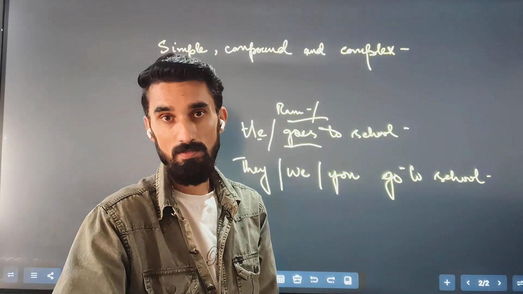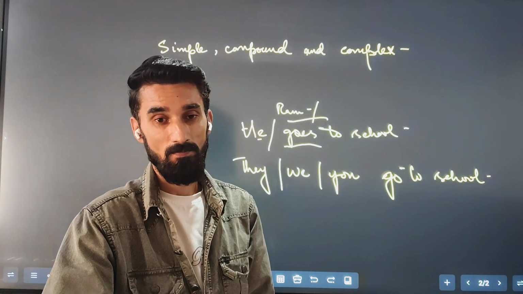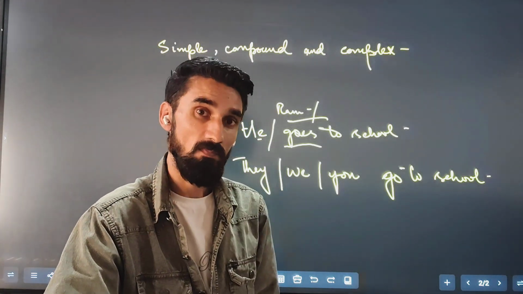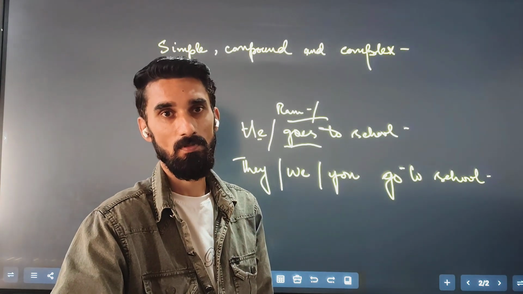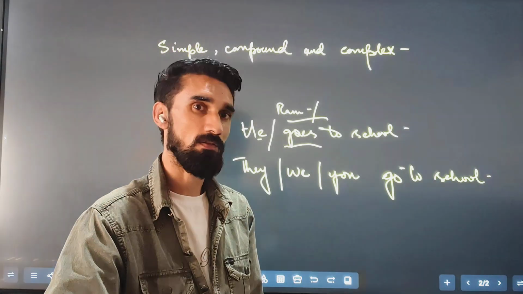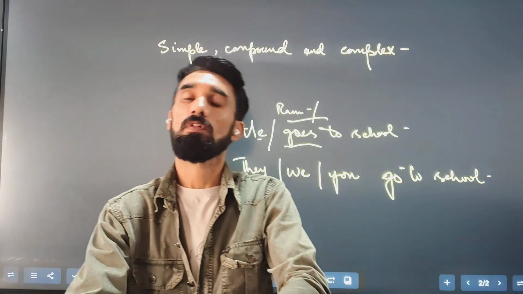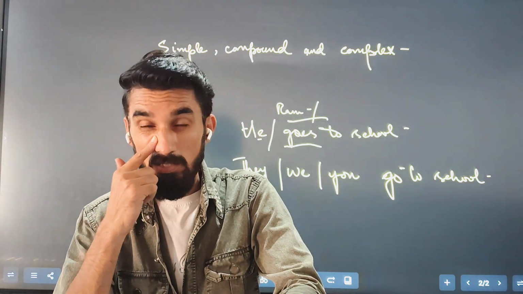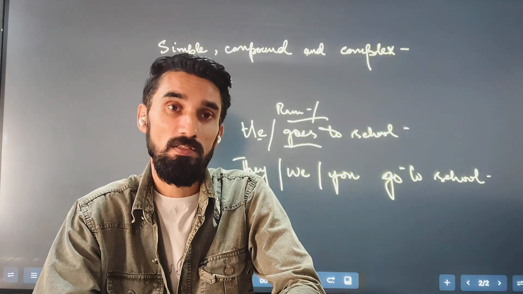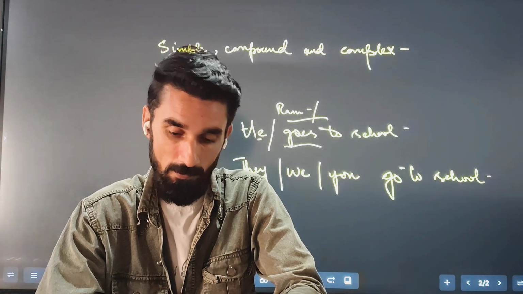Then you have gerunds, which are the ing form of verbs that function as a noun in a sentence. And then you have participles, which are segregated into different kinds: present participle, past participle, and perfect participle. All these participles function as adjectives. Just as gerunds act as nouns, participles act as adjectives in sentences.